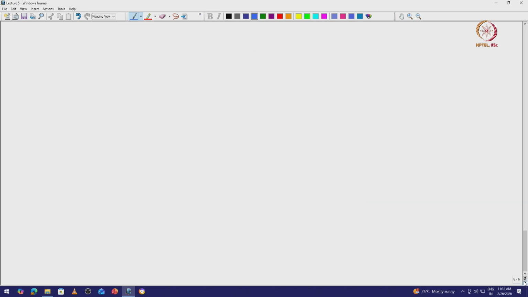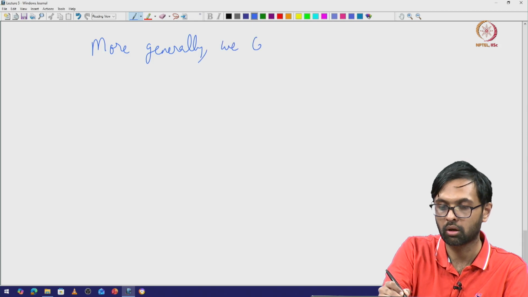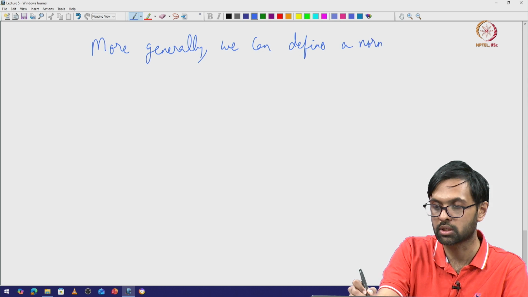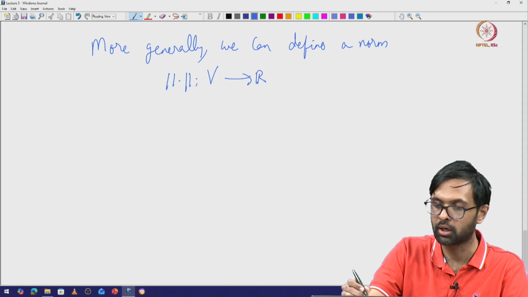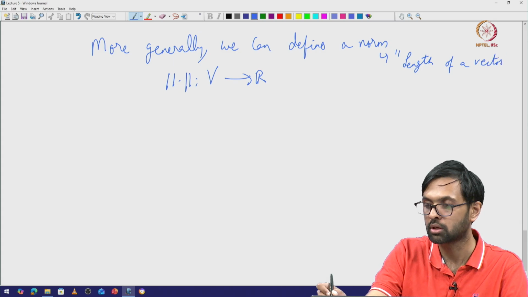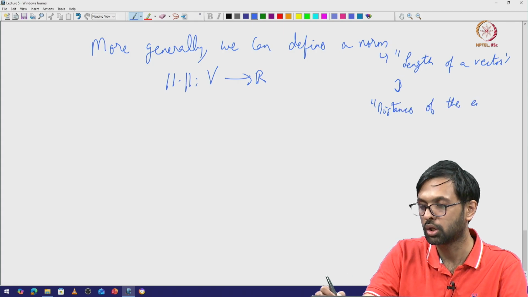Okay. So, more generally, we can define a norm on a vector space. Suppose you have a vector space V. A norm is supposed to be, regardless of whether it's real or complex, like the length of a vector, or perhaps the distance of the end point to the origin.